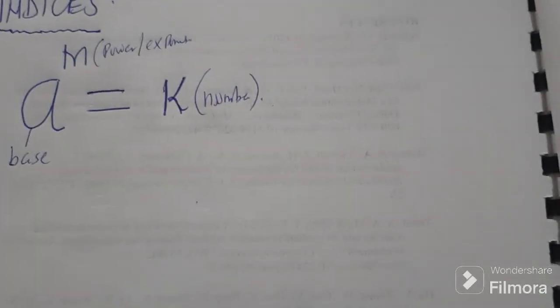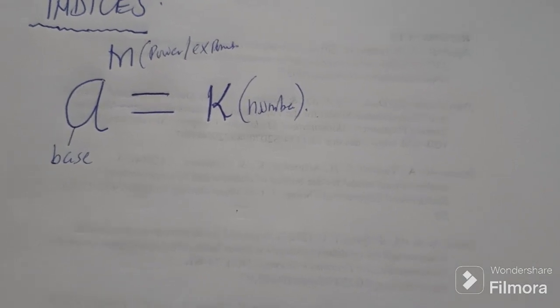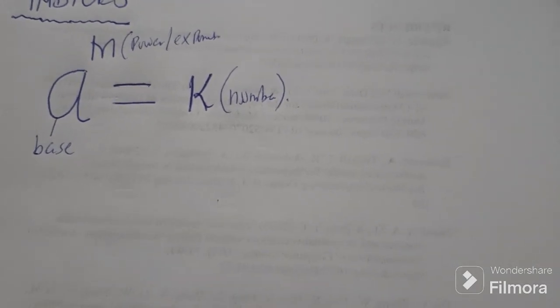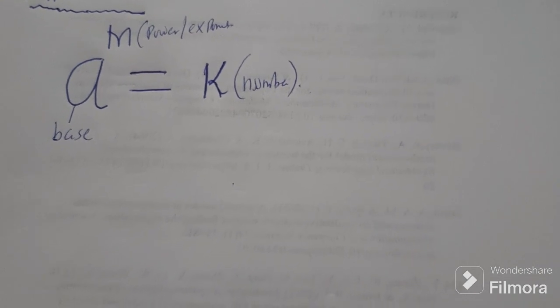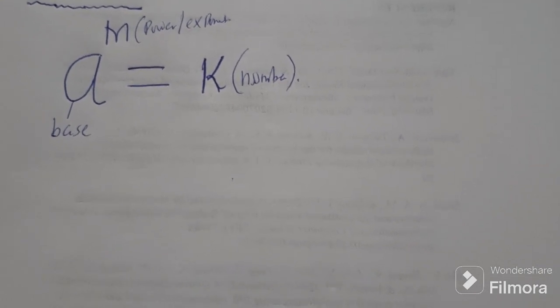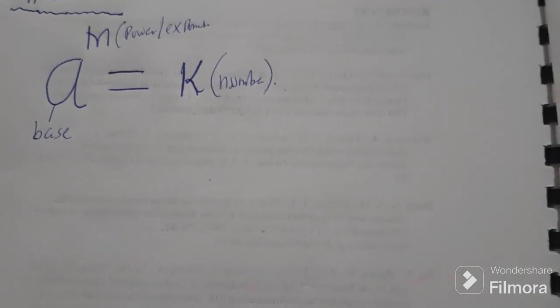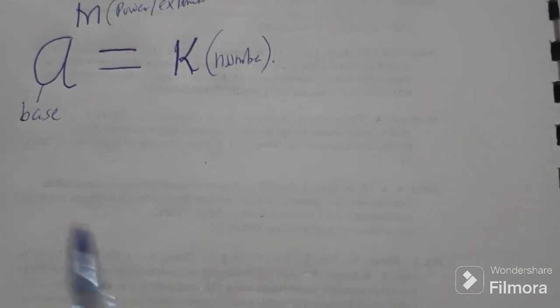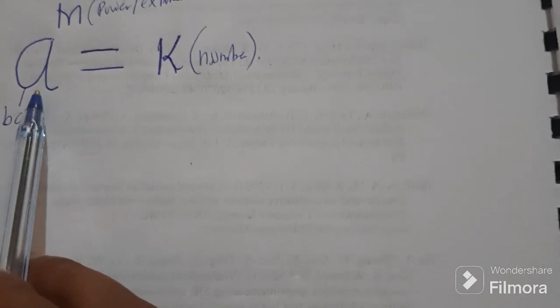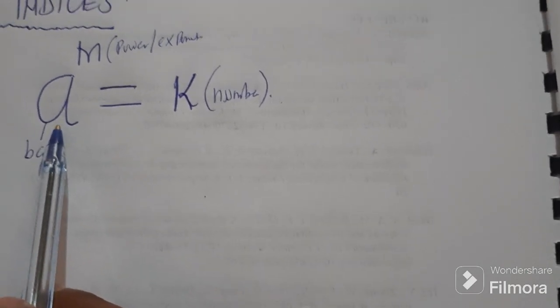So A to the power of M equals K. A is the base, M is the power or exponent, K is the number. For the laws of indices to apply, the base must be the same. That is the first thing you must understand.